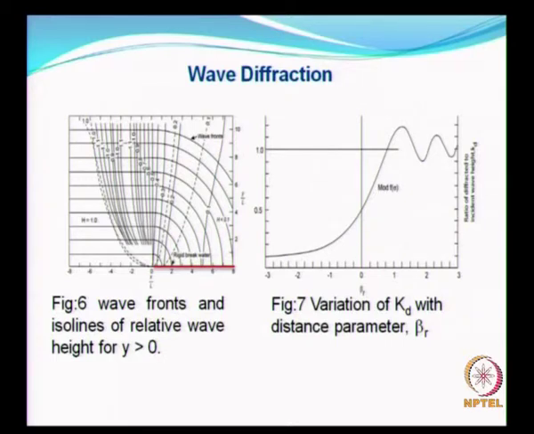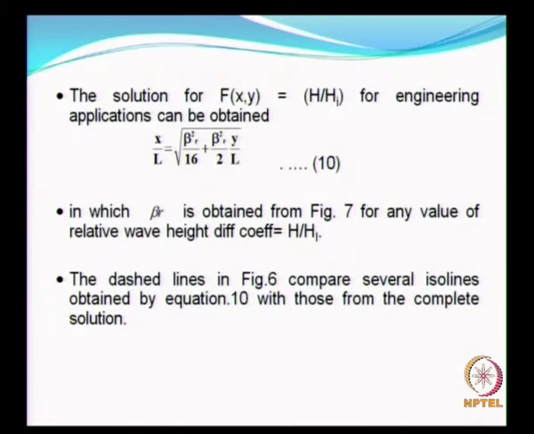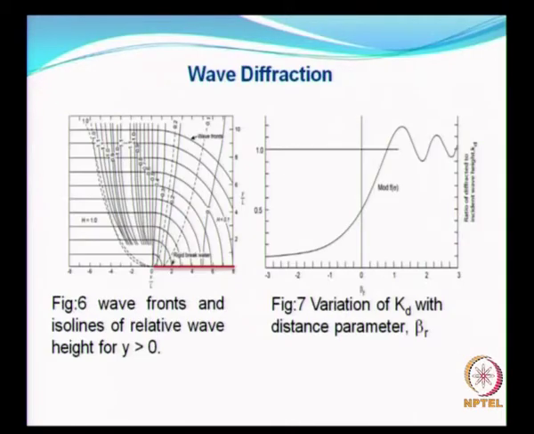Earlier we were mentioning the distance parameter beta r, which can be obtained using this result. In figure 6, in the next slide, the dashed lines compare several isolines as obtained from equation 10. These are the dashed lines which I am trying to show.